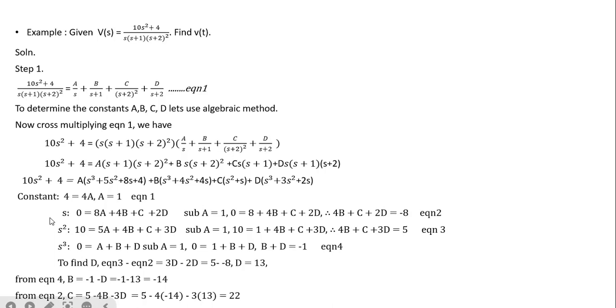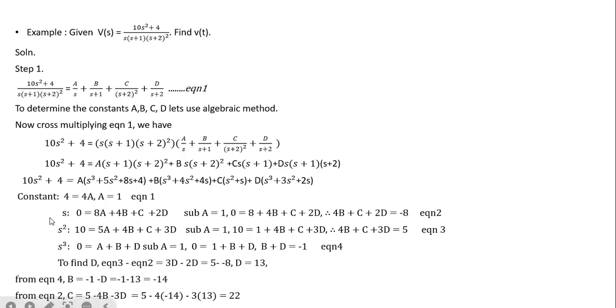Yes, we have 5a, which is this. Then we have 4b, which is this. Then we have c, of course. Then here we have 3d, because this is the coefficient of s squared. So you can see we have that here.